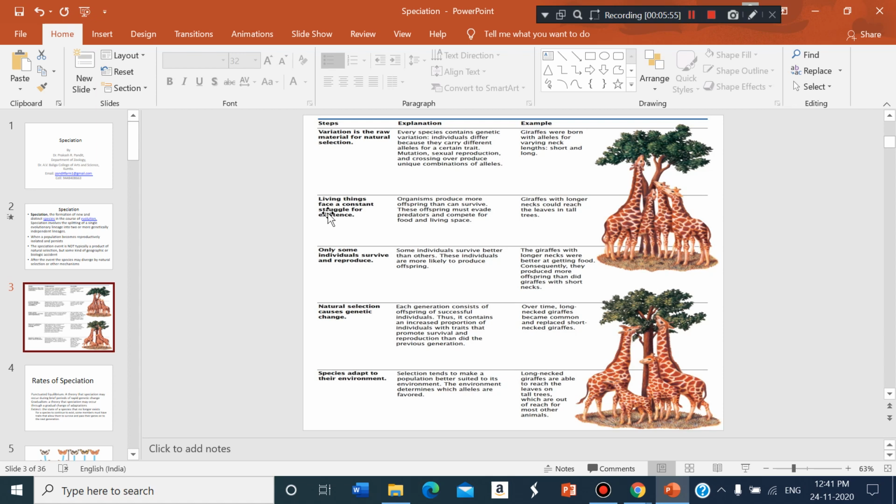This is the result of living things' struggle for existence. In that, some individuals will survive and reproduce, whereas others will perish. Then natural selection causes genetic change. As a result, new species are formed and they adapt to their environment. So these are the steps involved in speciation.